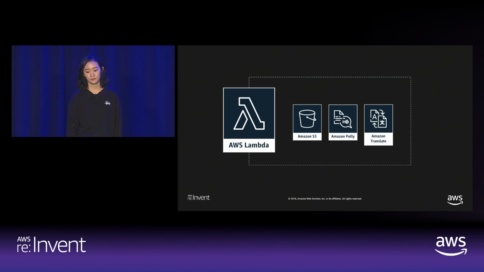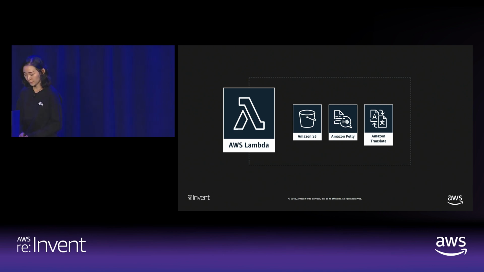My Lambda function is going to be using Amazon Translate, Amazon Polly, and Amazon S3, where Amazon Translate is a neural machine learning translation service that offers language translation, and neural machine learning translation is a form of language translation automation that uses deep learning models to deliver more accurate and more natural sounding translation. And Amazon Polly is a text-to-speech service that uses advanced deep learning technologies to synthesize speech that sounds like a human voice.